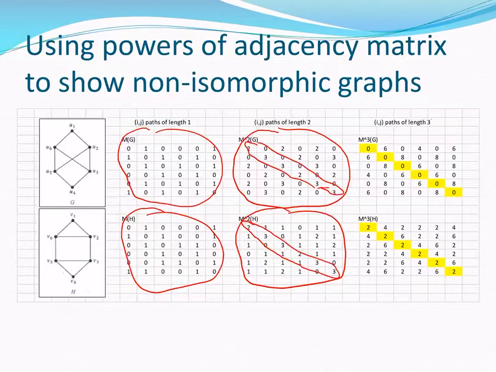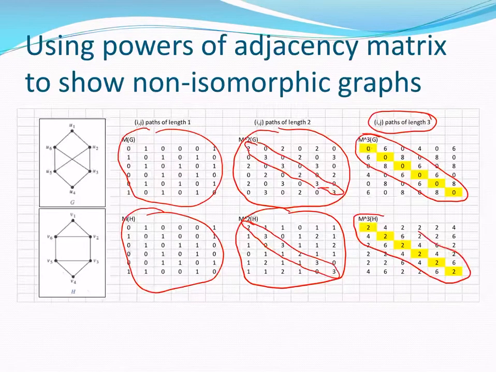But now if we raise it one more power to get the adjacency matrix to the 3rd power, I see that for G there were indeed no circuits of length 3, and that there were circuits of length 3 in H. All right, so that is the use of the adjacency matrix and raising it to powers to count paths between vertices and to investigate isomorphisms.